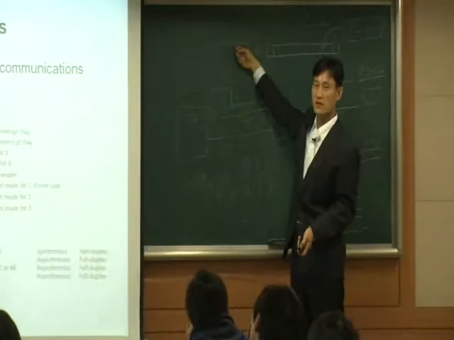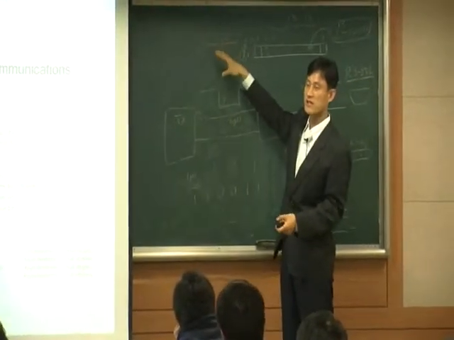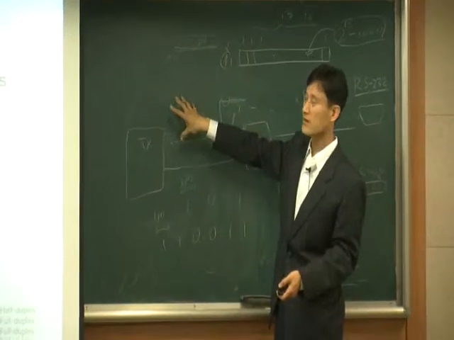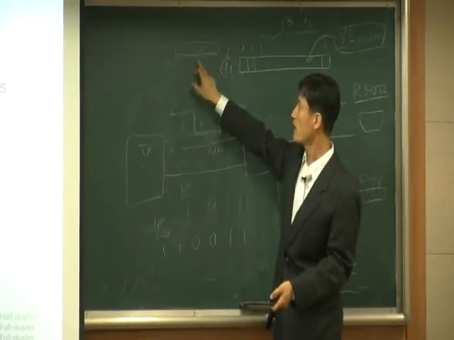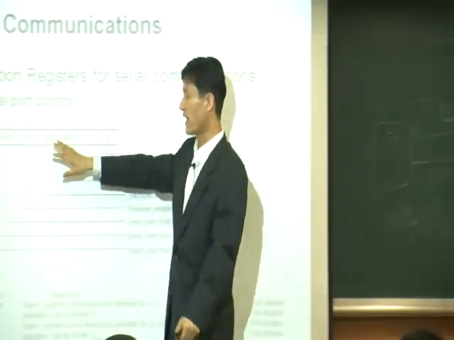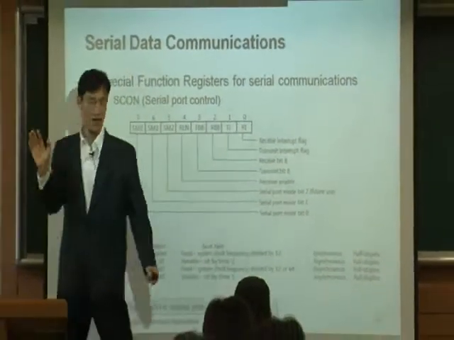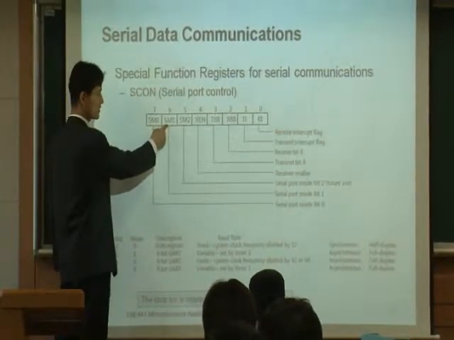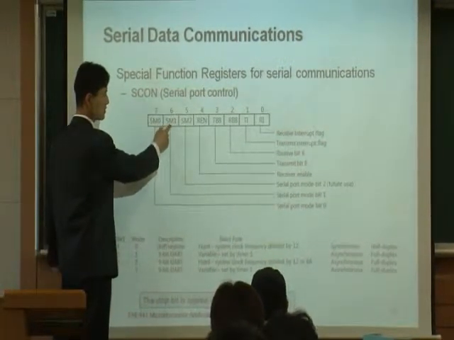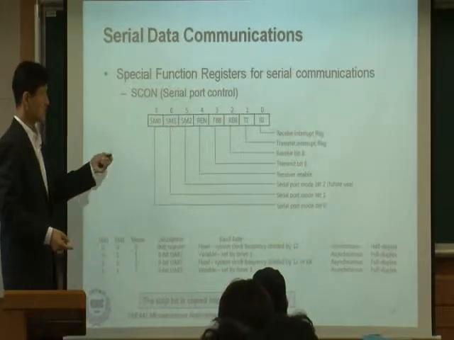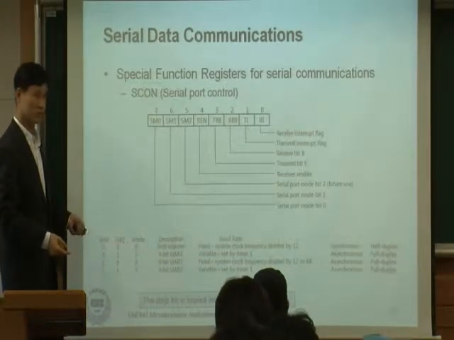This register is inside the serial communication hardware, and it has 8 bits. The first 2 bits, SM0 and SM1, indicate which mode you want to use.